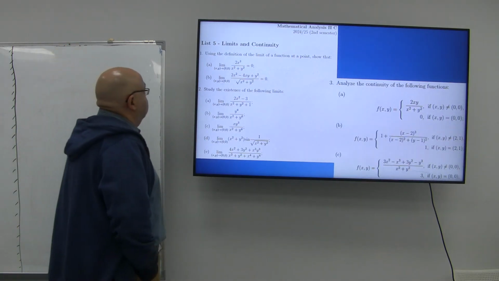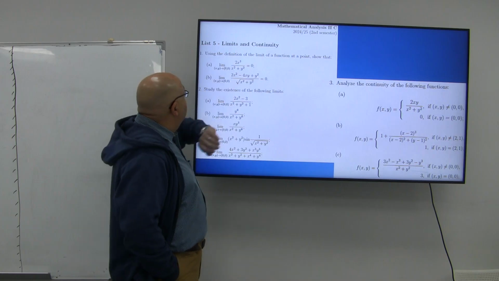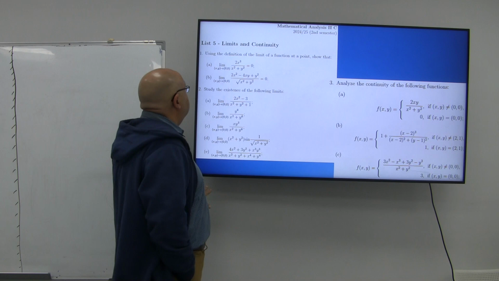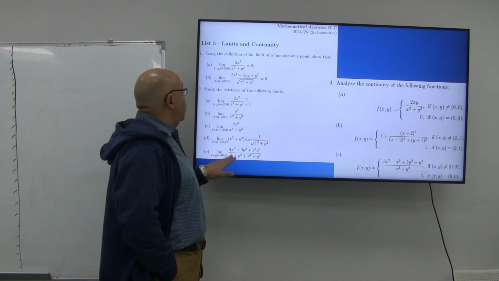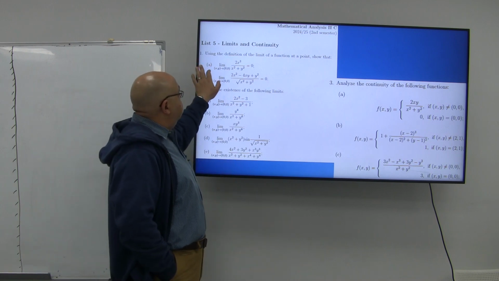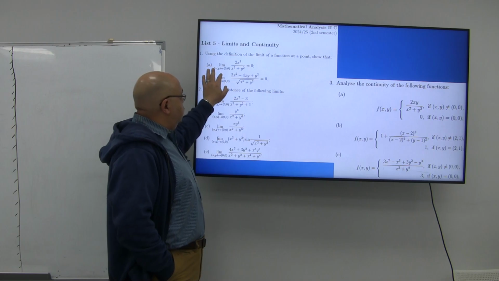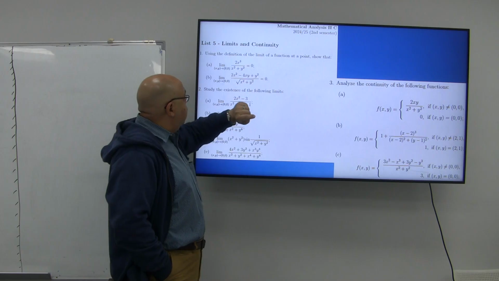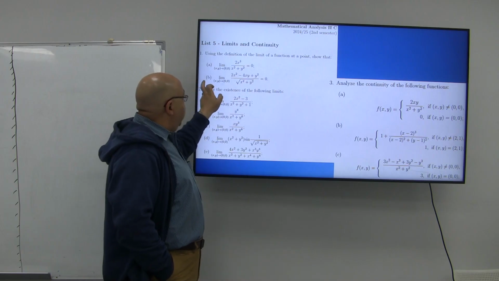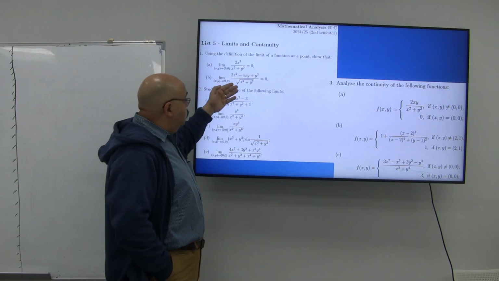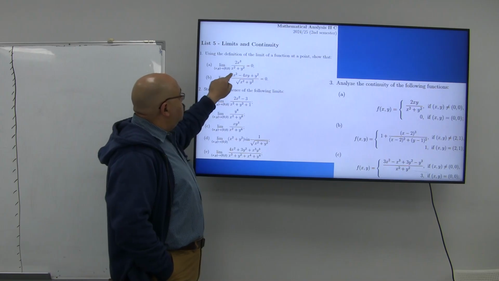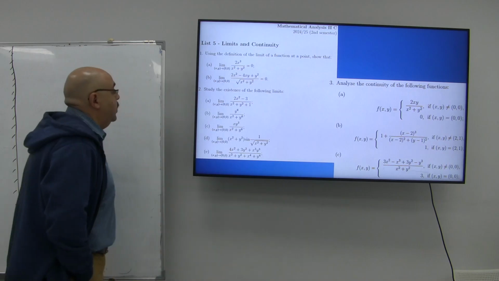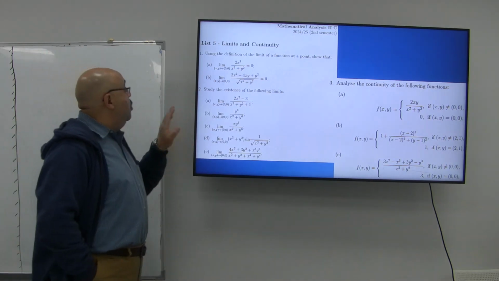The first set asks you to use the Cauchy definition of a limit at a point, showing that the limit as (x,y) goes to (0,0) of 2x cubed over x squared plus y squared equals 0, and that the limit at the origin of 2x squared minus 4xy plus y squared divided by the root of x squared plus y squared also equals 0. So I want to check these two.